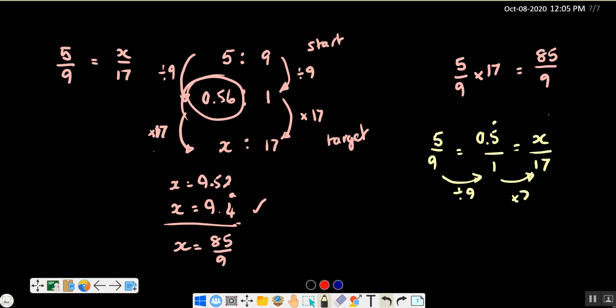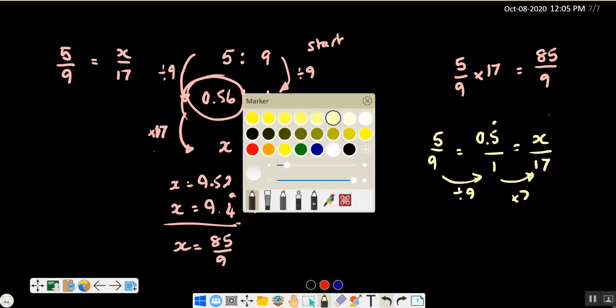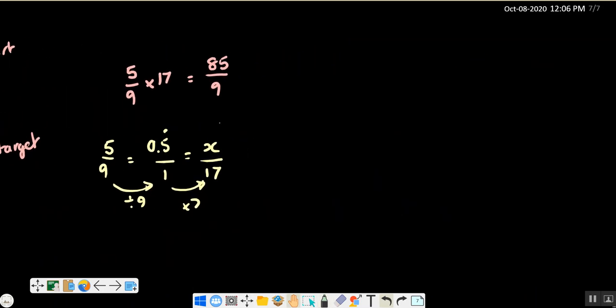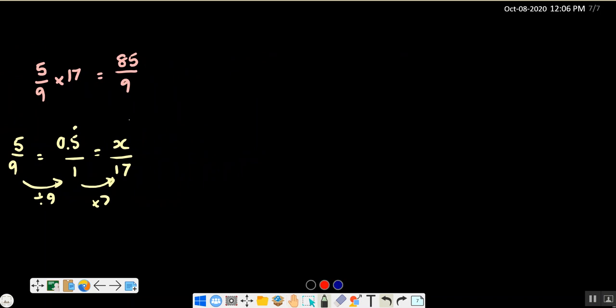Now, what I want to discuss with you is what happens if I do it the cross multiplication way. What happens if I have 5 divided by 9 is equal to x divided by 17, and I do the cross multiplication?